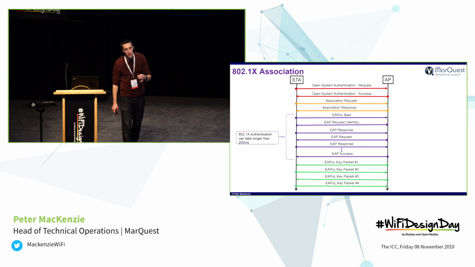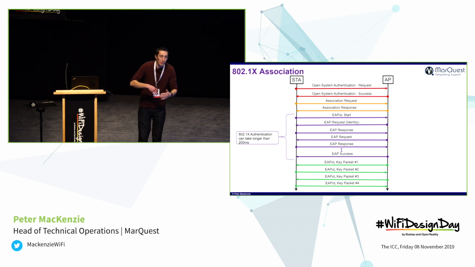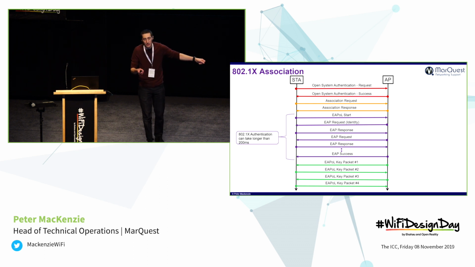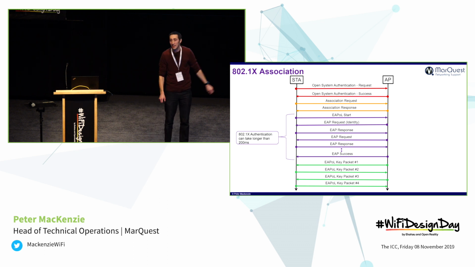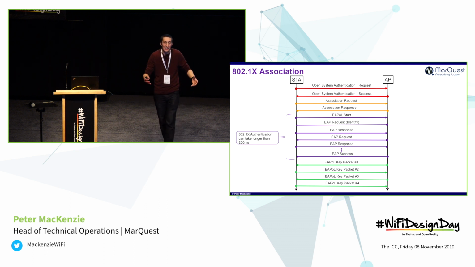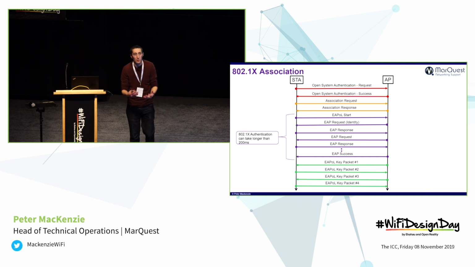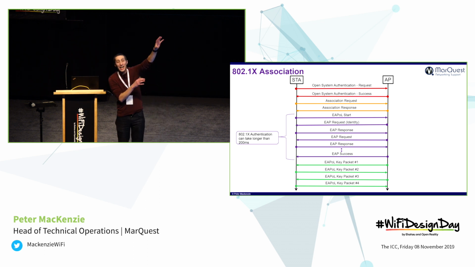At that point, we are what we would class as authenticated and associated to the AP. An association is logically equivalent to having a link light on a switch. I've plugged into a switch. I've got my little blinking light. I'm connected to that switch. In terms of Wi-Fi, when I'm associated, I'm connected to the AP.